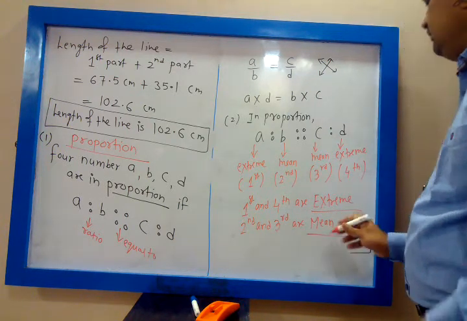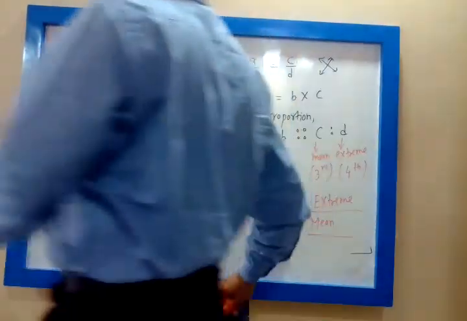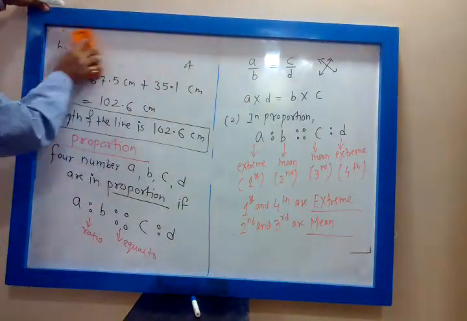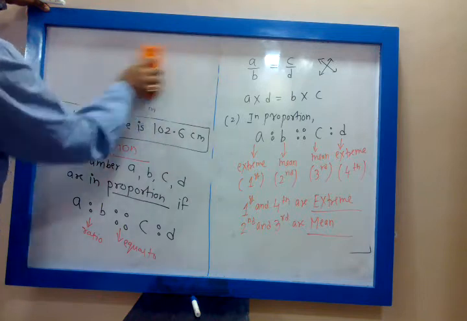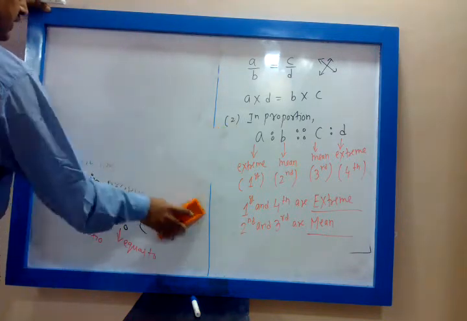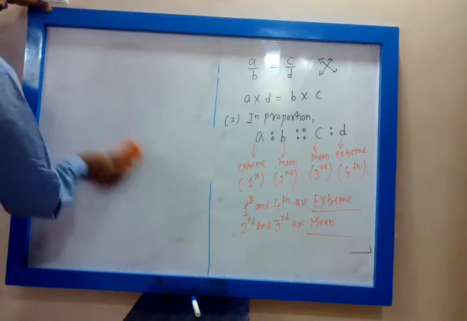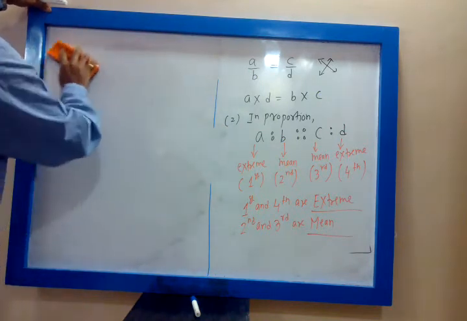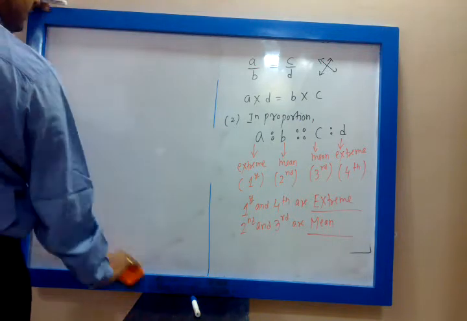Is it clear? Yes. So in proportion A, B, C, D, A and D are extreme, B and C are mean.